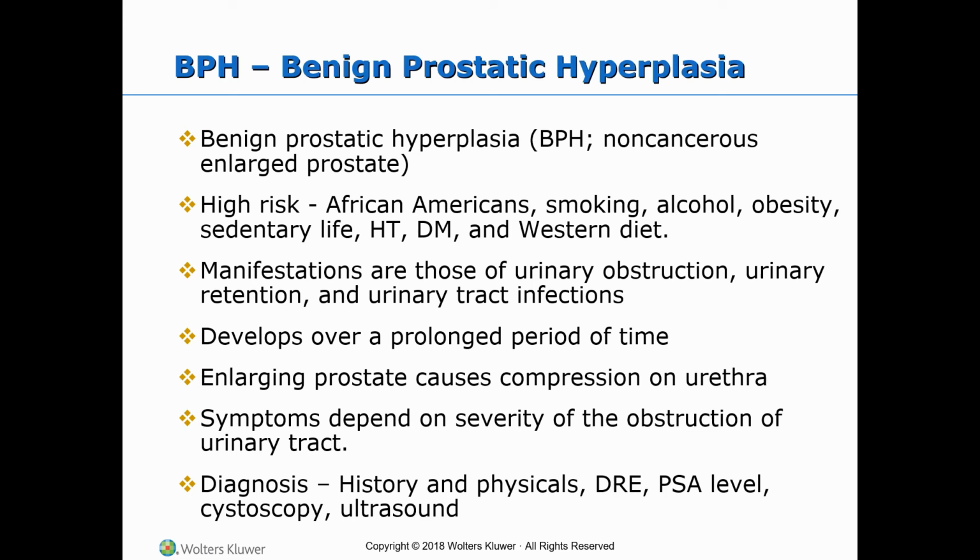The enlarging prostate causes compression on the urethra, causing partial or complete obstruction to the flow of urine, and symptoms depend on the severity of the obstruction of urine. Diagnosis is by history and physicals, DRE, PSA levels, cystoscopy, and ultrasound.